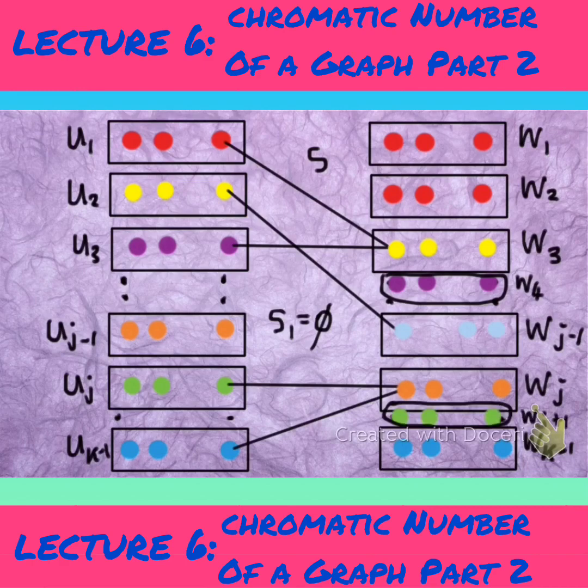Right, like so. And then once I get to the end, Uk minus 1, because there are no edges between Uk minus 1 and W1, it means I can color W1 with the color I used in Uk minus 1. Like so, alright?